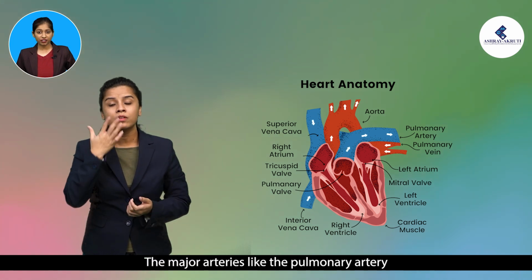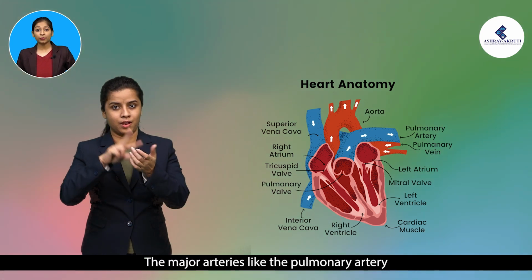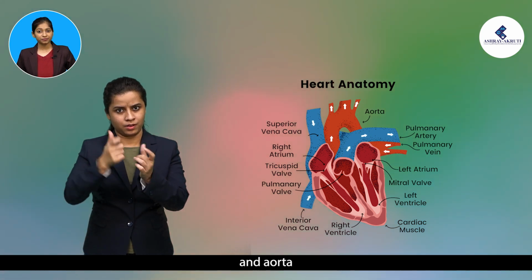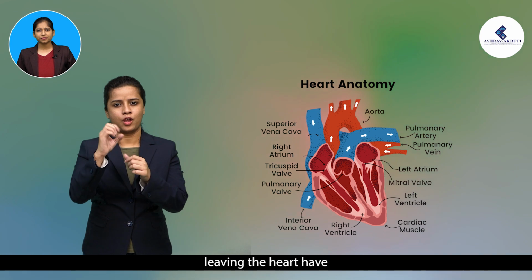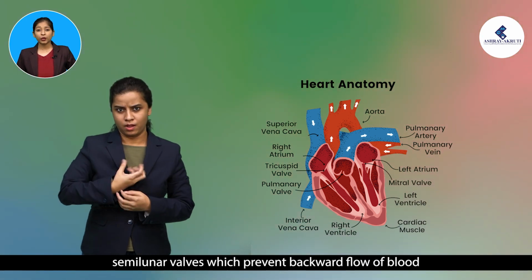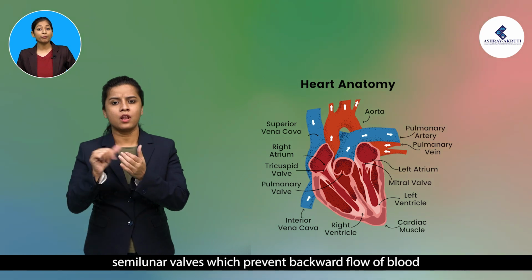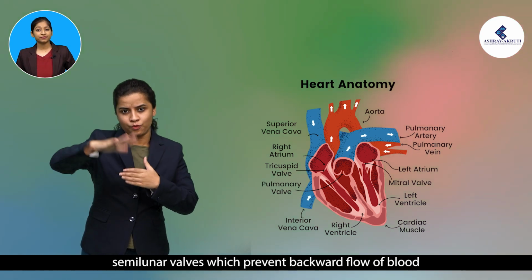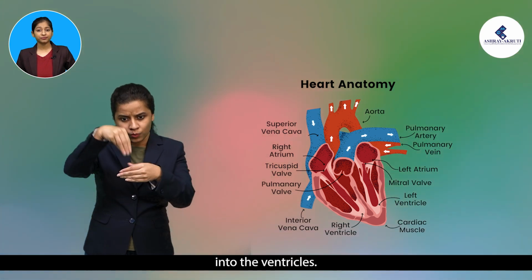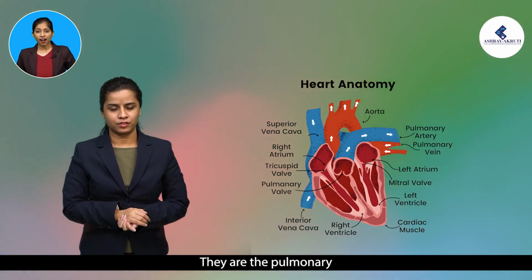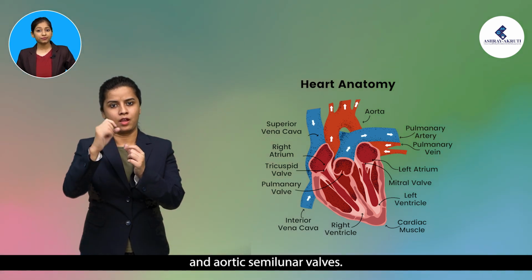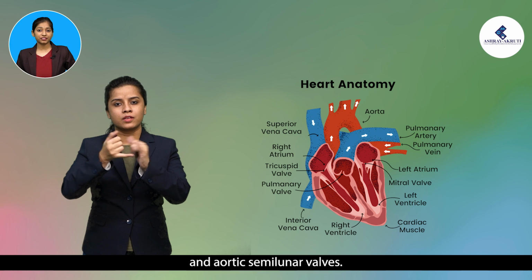The major arteries like the pulmonary artery and aorta leaving the heart have semilunar valves which prevent backward flow of blood into the ventricles. They are the pulmonary and aortic semilunar valves.